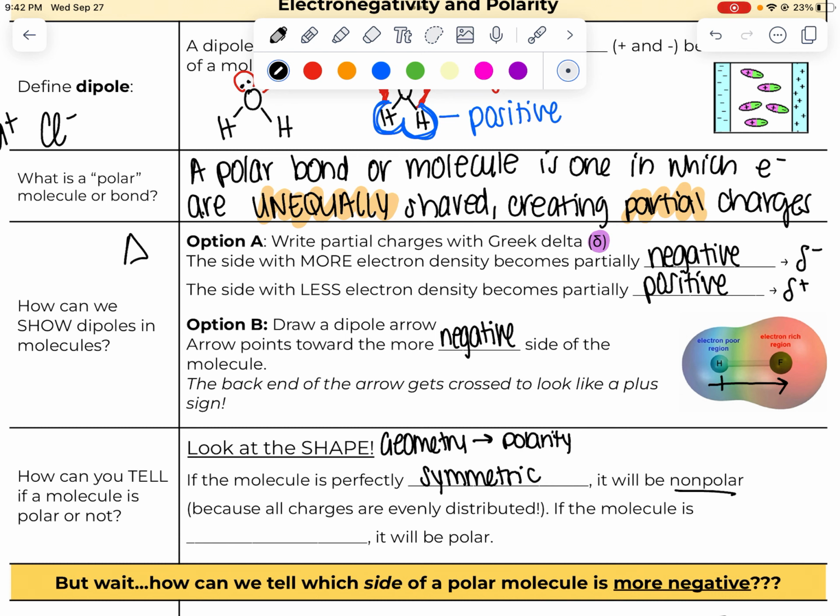However, if your molecule is asymmetric, meaning not the same on every side, it's then going to be polar because you are inherently going to have an atom that is more electronegative, or more selfish, that's going to pull those electrons towards it.